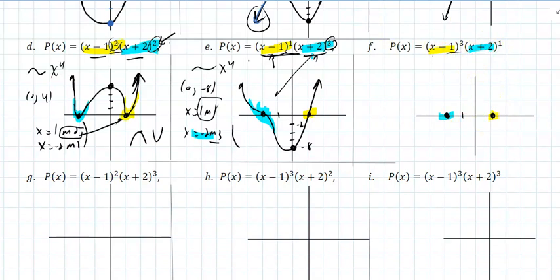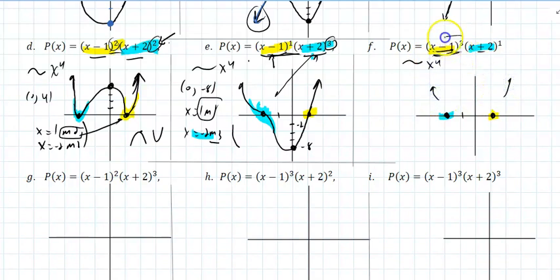There's the 3. Now, without the end behavior, I can't sketch a graph, because I don't know if this cubic looks like this or looks like this. I need the end behavior to figure that one out. What dominates the top? X cubed times x, x to the 4th. The graph looks like this.